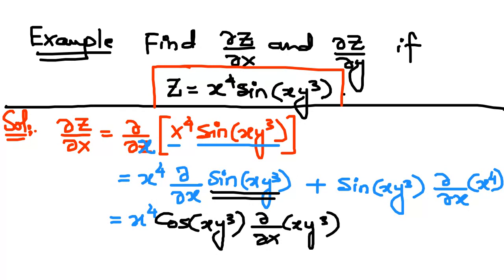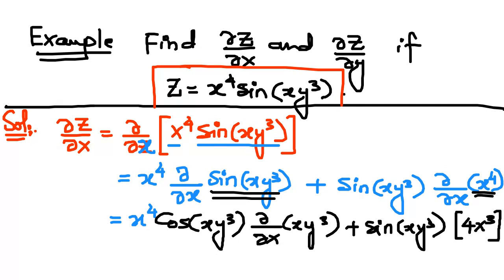Okay, now sine of x y power 3, what is the partial derivative of x power 4? Yeah, 4x power 3. Now x power 4, cosine x y power 3, what is the partial derivative of x y power 3 with respect to x?